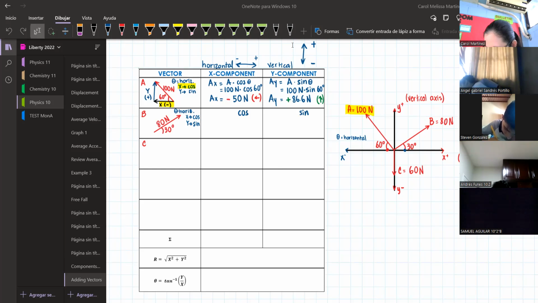Now I will complete the triangle. Horizontally, the vector is going right or left? Right.